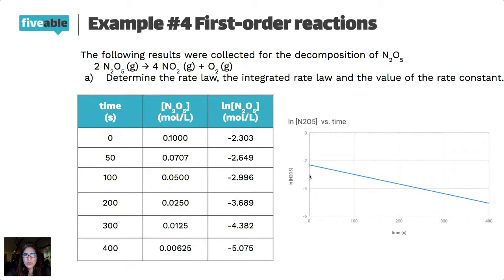So now that you identify that the straight line is given by the natural logarithm versus time, you already have the order of the rate law. Exactly.